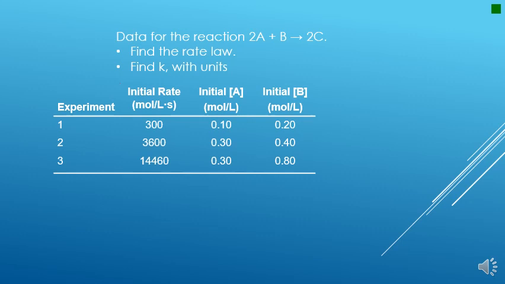So we're going to expand this out and we're going to make what we call an expected table. So we're going to take the information that we have available to us and we're going to solve for the order of B to begin with. And once we have B, we can see how that changing concentration here, what we would do to make 2 of them equal to each other, how that would affect the rate of the reaction.